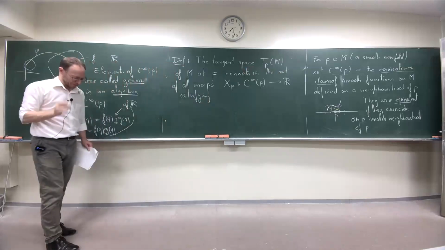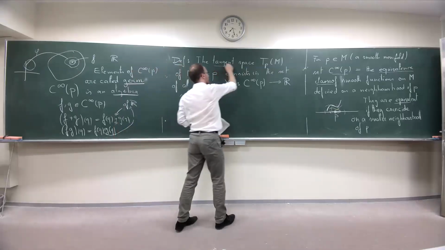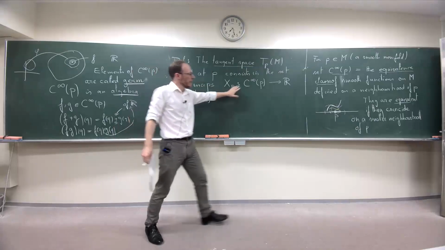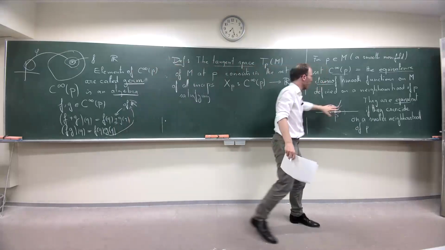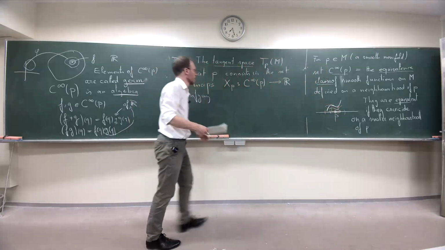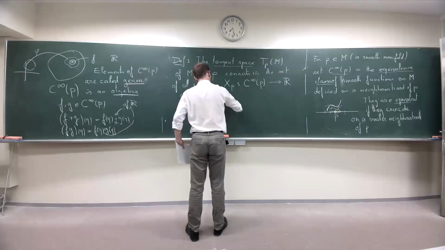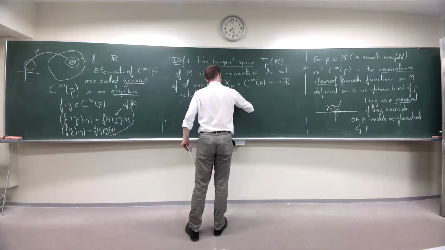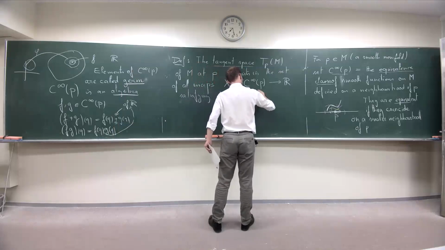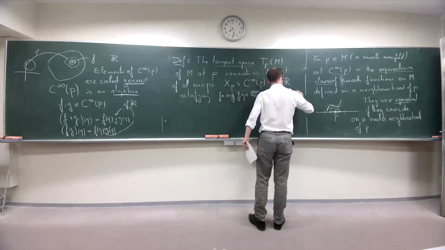So really, please be concentrated. A tangent space is going to be a family of functions which take any of these functions here and send them to R. So it takes a function, it sends it to R, and they satisfy two conditions, for any f, g inside this C infinity of P and any alpha, beta real numbers.